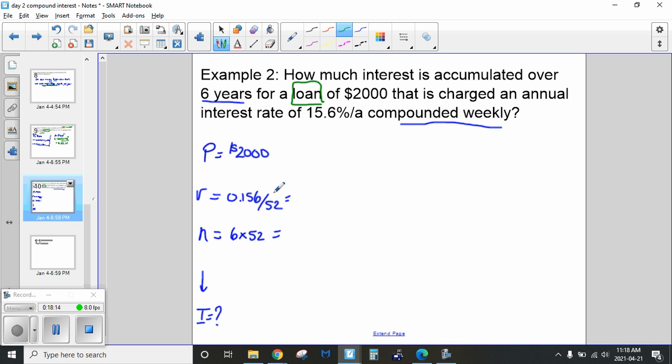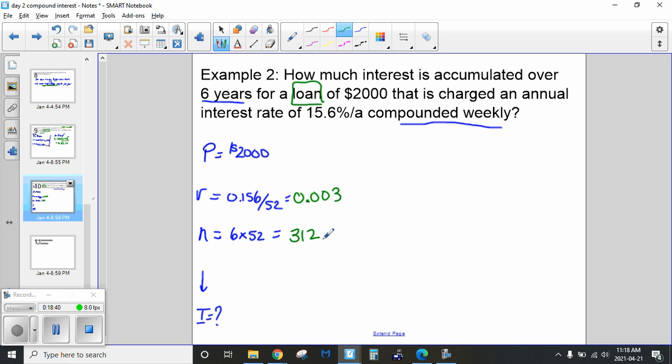Let's see. 0.156 divided by 52 is 0.003. And we're talking about 6 years that we're borrowing the money for, and we're being charged interest every week for those 6 years. So 6 times 52 is 312.